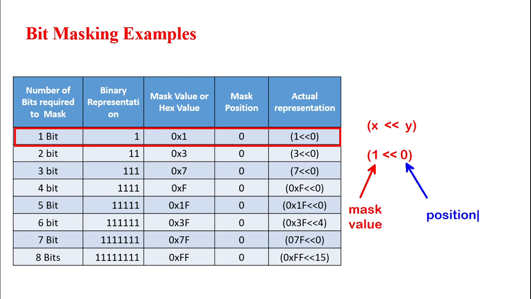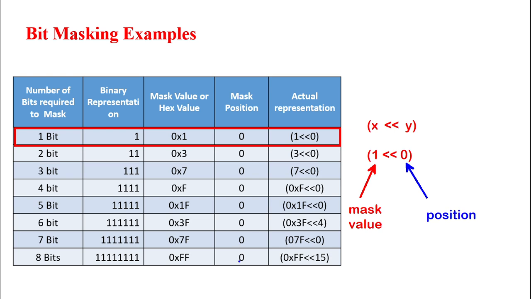The same pattern I have taken here: 1 left shift of 0. X is the mask value and Y is the position. In this case, I want to create only a one-bit mask, and I want to start the mask position at 0.